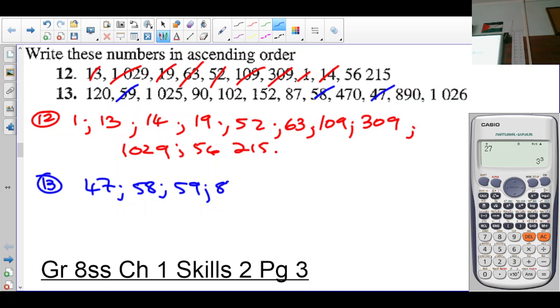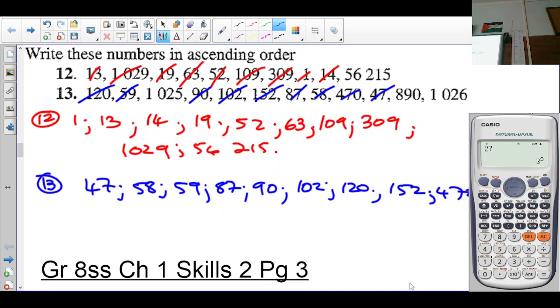87. Followed by? 90. Followed by? 102. Followed by? 120. Followed by? 152. Then? 470. Followed by? 890.